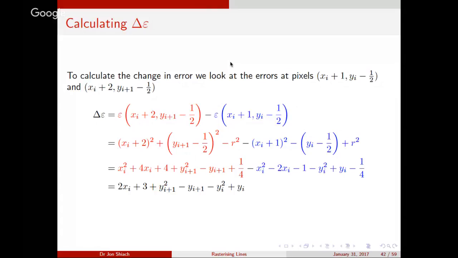Now we don't know what that y_i+1 is. It's going to be dependent on a choice we make. Minus y_i+1. Minus y, which we know, minus y squared, sorry, which we know, plus 1. Okay, so this is the expression for the change in our error. So very similar in sort of procedure to the Bresenham's algorithm.